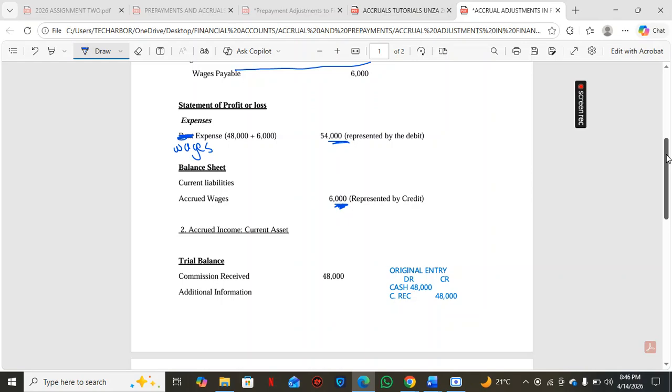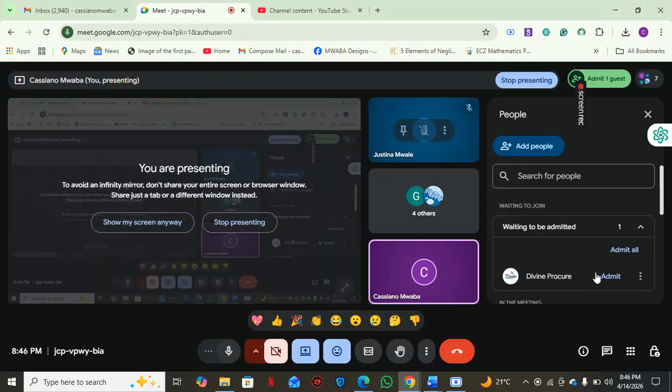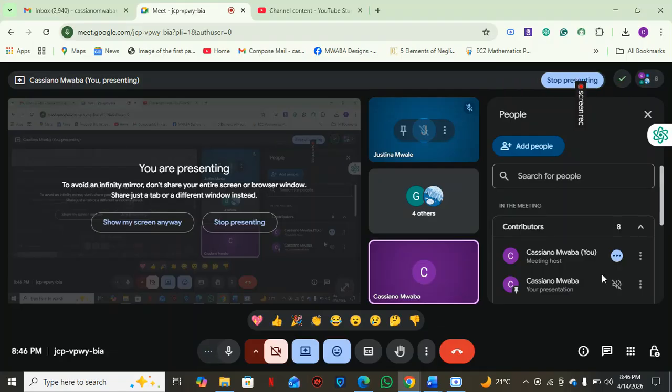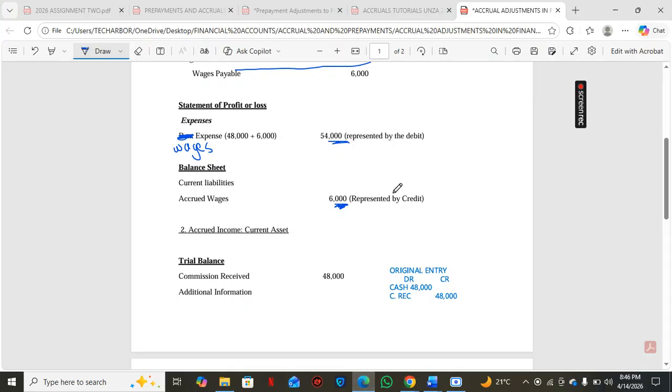You don't pay for the second month, that income increases again. You don't pay for the third month, the income keeps on building. So accrued income is a current asset because this is money being owed to you.